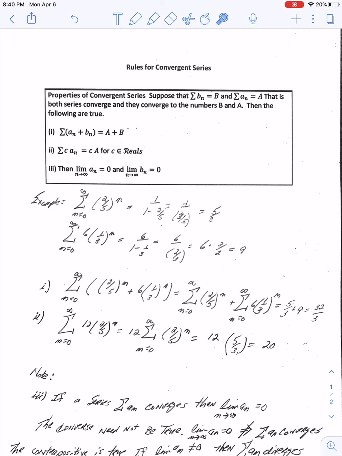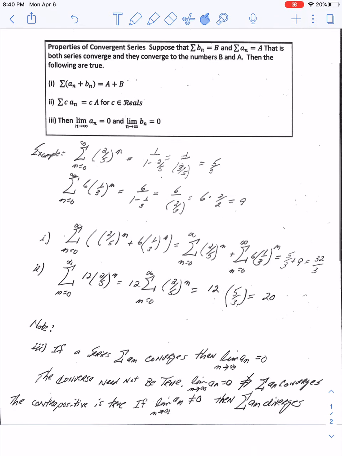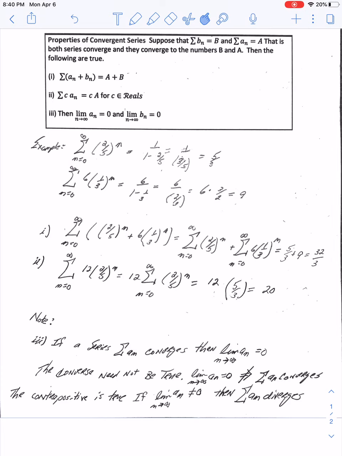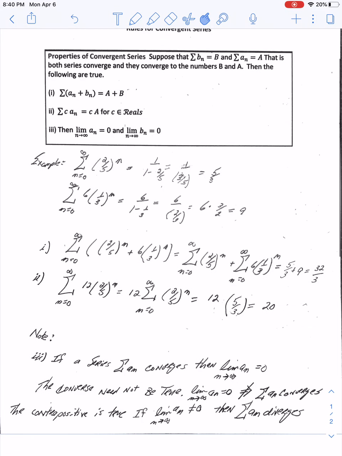So it comes out, what's left is the summation n running from 0 to infinity of 2/5 to the n, which we already said was what? 5/3. So I get 12 times 5/3 or 20. There are a couple of examples then of how you use properties of convergent series to compute some values.